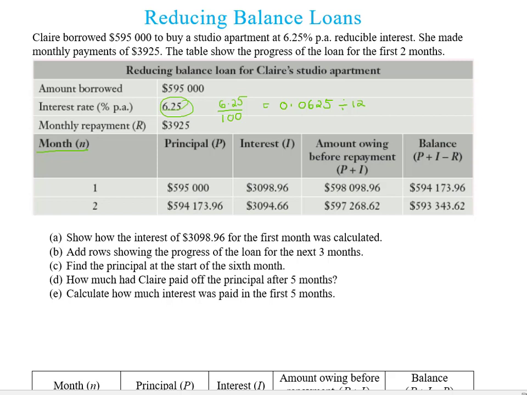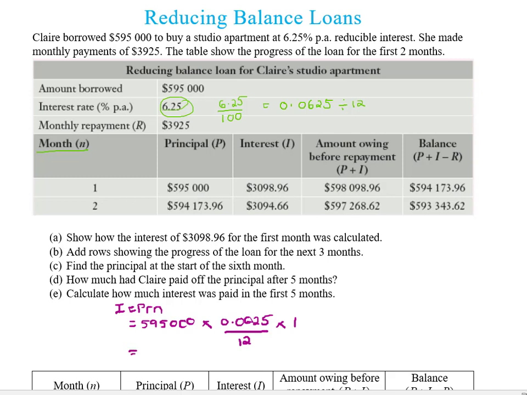So the way I do this is I think about it as being simple interest. I equals PRN. Now my principal is how much I borrowed, which is $595,000. My interest rate is, as a decimal, 0.0625, and I'm going to divide that by 12 because I need it for 1 month. And my time period is 1 month.